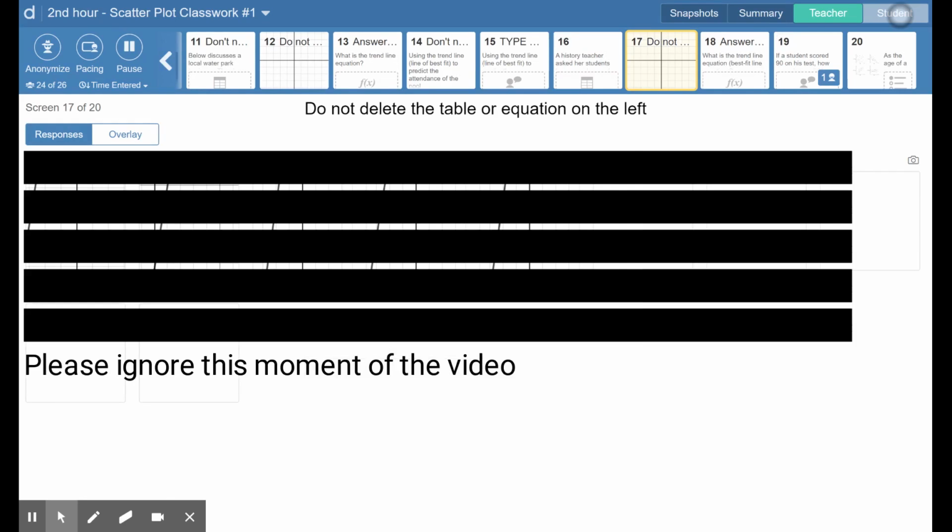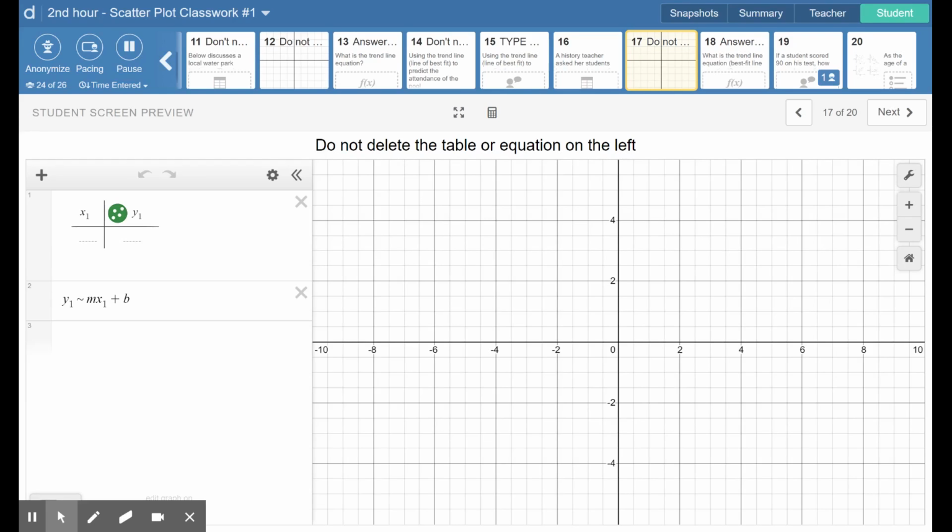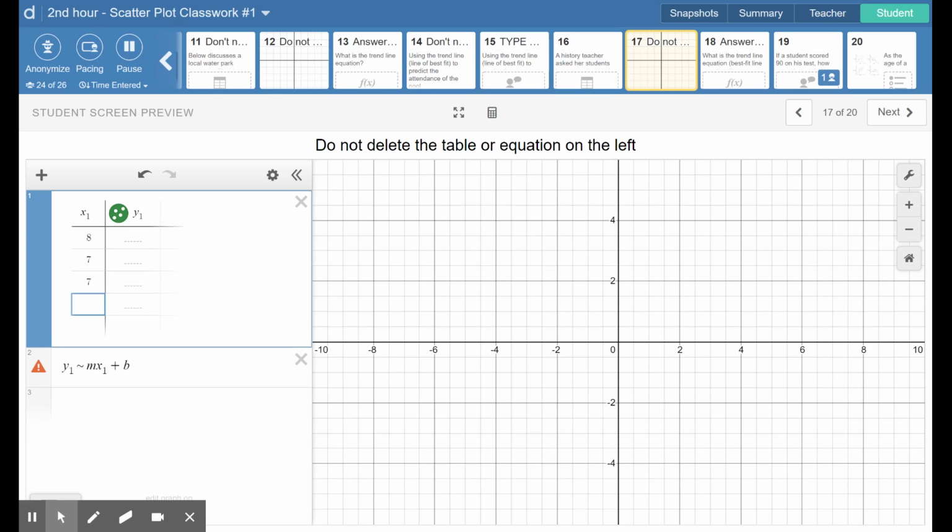Now when you get to slide number 17, do not delete the table. You want to write down every single data point, even if it repeats, because we're just transferring the data.